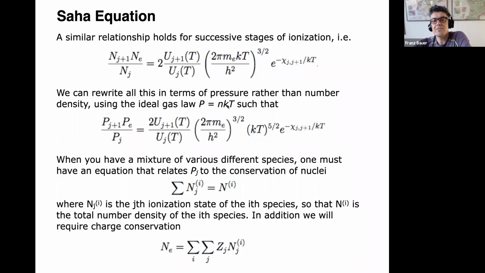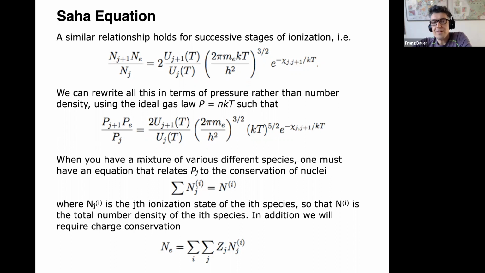And now you have the constants here, you have a temperature which now goes not as 3 halves, but since you have an extra KT here, because you've multiplied both sides by that, you now have KT to the 5 halves, and then this exponential. And this would allow you to understand how the different ionization states of the gas are in pressure equilibrium.